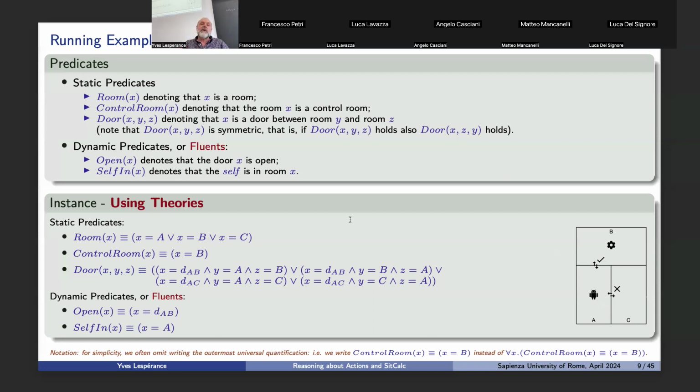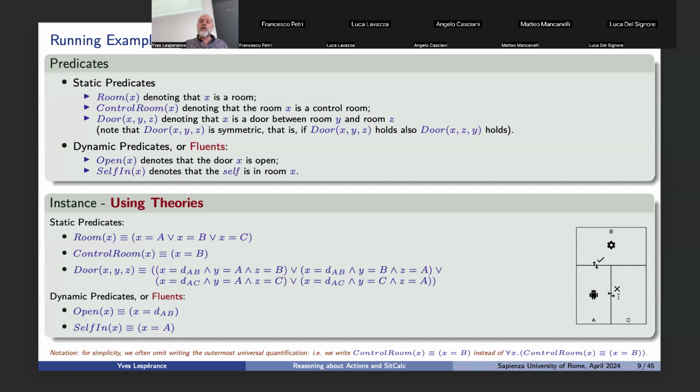Now sometimes robots know everything about their world, but not always. Maybe the robot knows that somebody was around previously, so maybe he doesn't know whether the door from A to C is open. Maybe it is, maybe it's not.